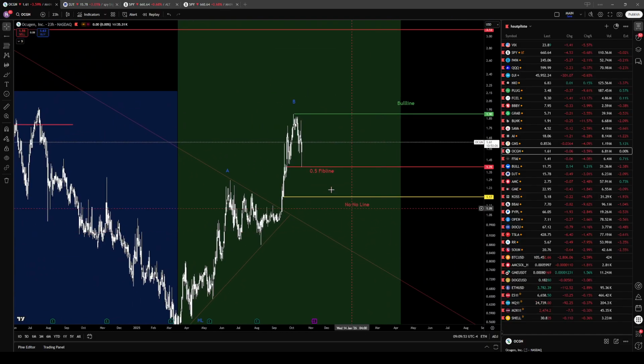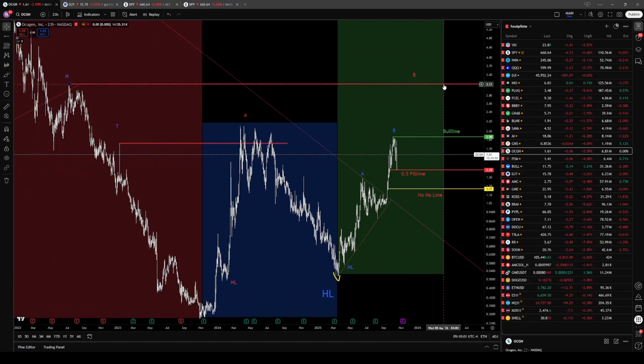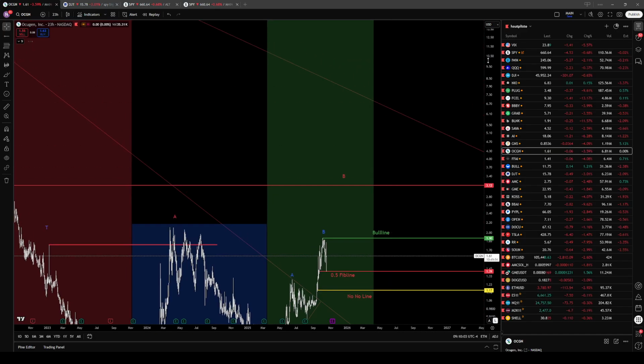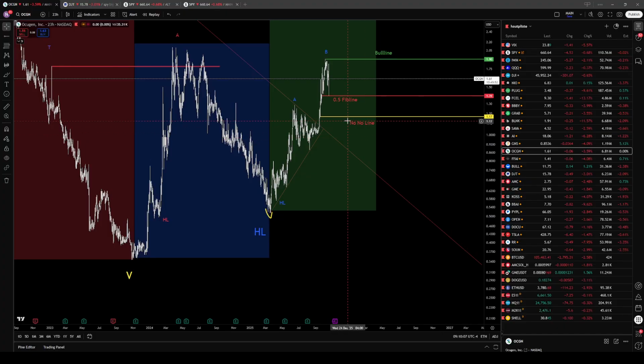So if true, you would trend up now, break the bull line at 190, and your next target would be 312. And then, of course, upside. What I don't want to see is falling under the NOLO line at 116. Then we have to track it again and look what's happening.